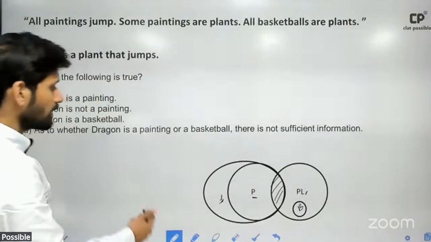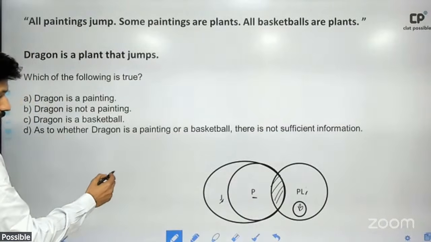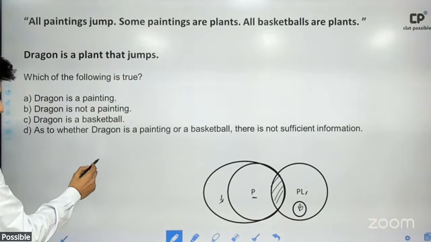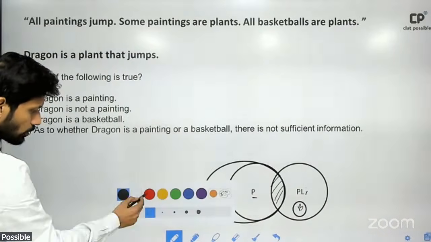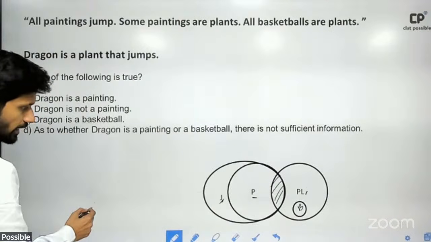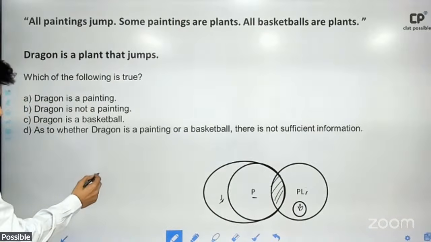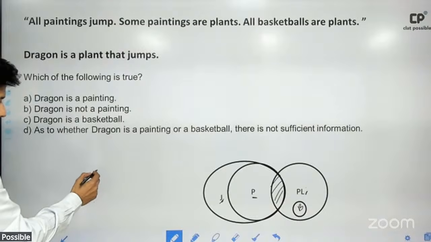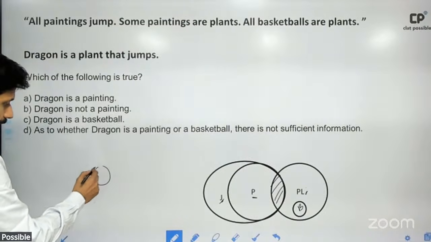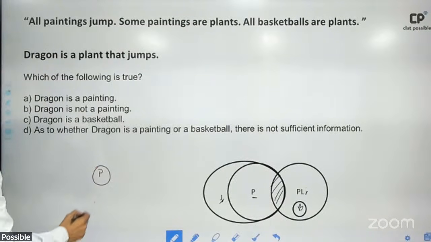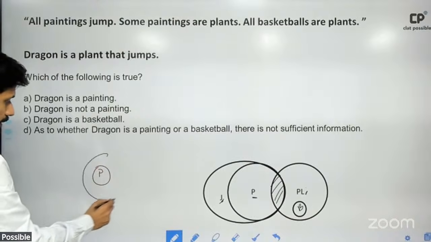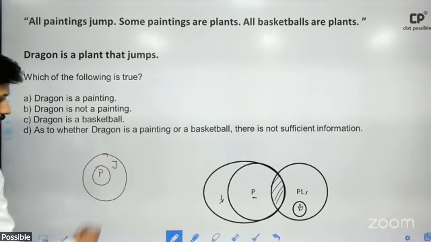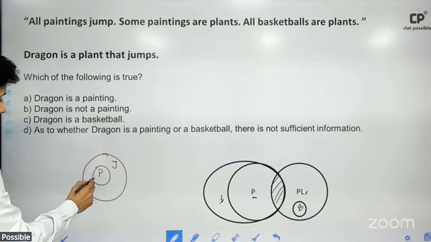So for example, if I draw something like this, just look at this diagram that I'm drawing. Maybe if I draw it in red and the color changes, hopefully. Okay, so painting, jump, okay, and then we were given some paintings are plants, right?